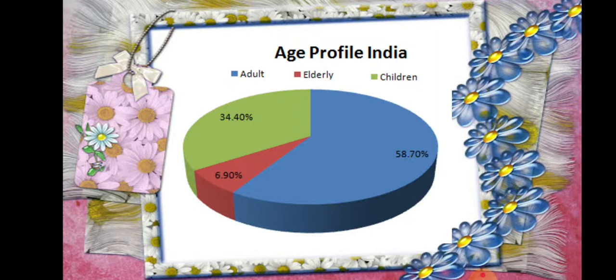And the children category is around 34.40%. So here we have more youth population. You can call India a developing country with a youth population, or working class, that is more compared to the dependent class.